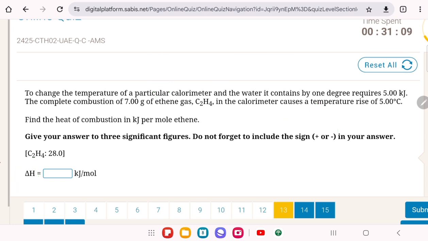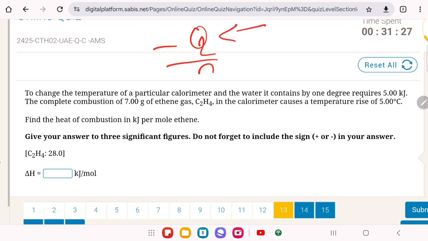The keywords to know if it's endothermic or exothermic: combustion is exothermic, and if there's a temperature rise, then it is exothermic. Meaning, we use this equation, minus Q over N.